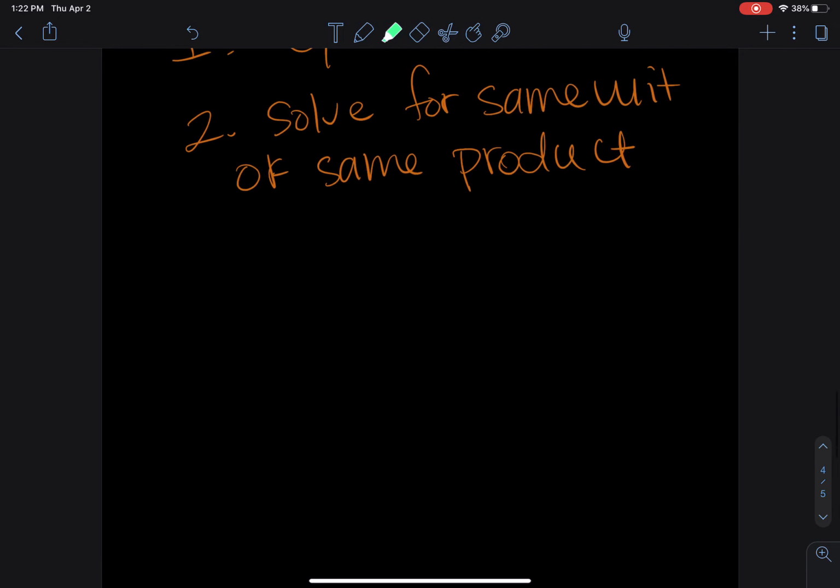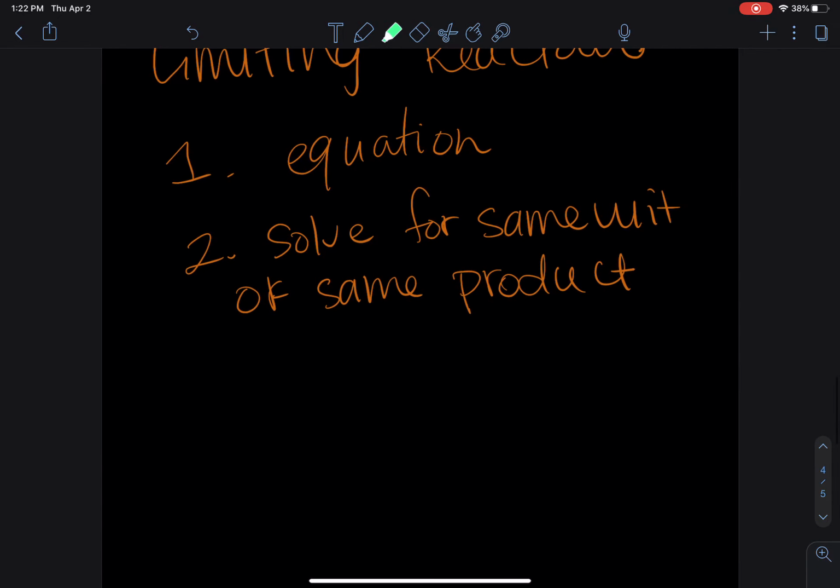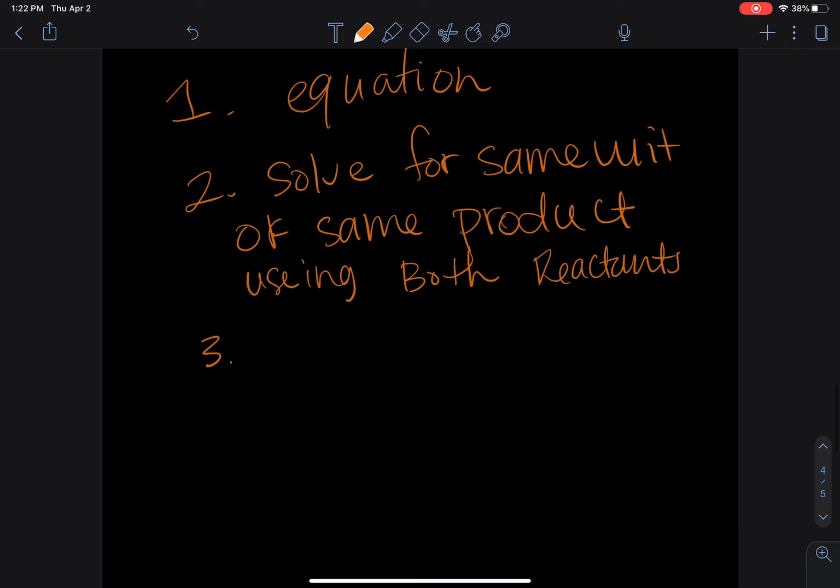So solve for the same unit and the same compound, using both reactants.